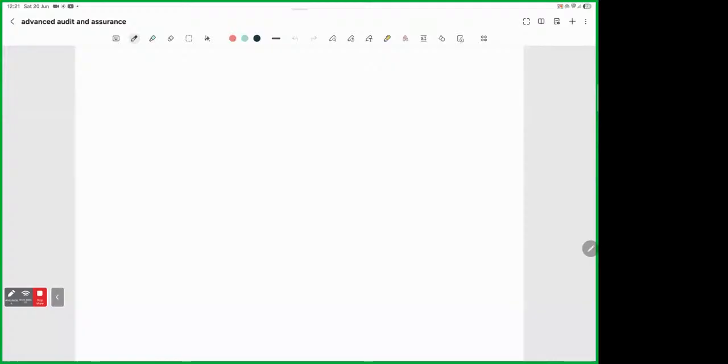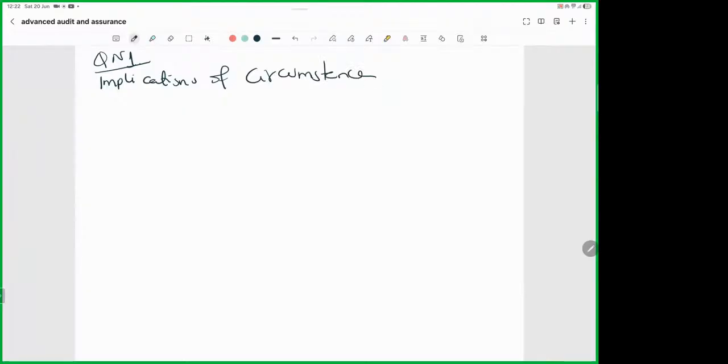So we have your question number 1. Implications of the circumstances. The circumstance, of course, being mentioned here has got everything to do with money laundering.